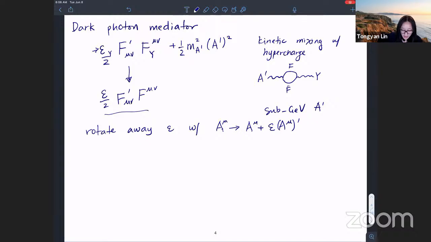The reason we do that is because the dark photon already has a mass term. So if we were to do this rotation on the dark photon, we would get mass mixing terms, whereas we start off knowing that the standard model photon does not have a mass. And so we perform this mixing that gets rid of this kinetic mixing term, and we're instead left with the coupling I mentioned yesterday, which is the coupling of the dark photon with all the standard model stuff, the electromagnetic stuff.